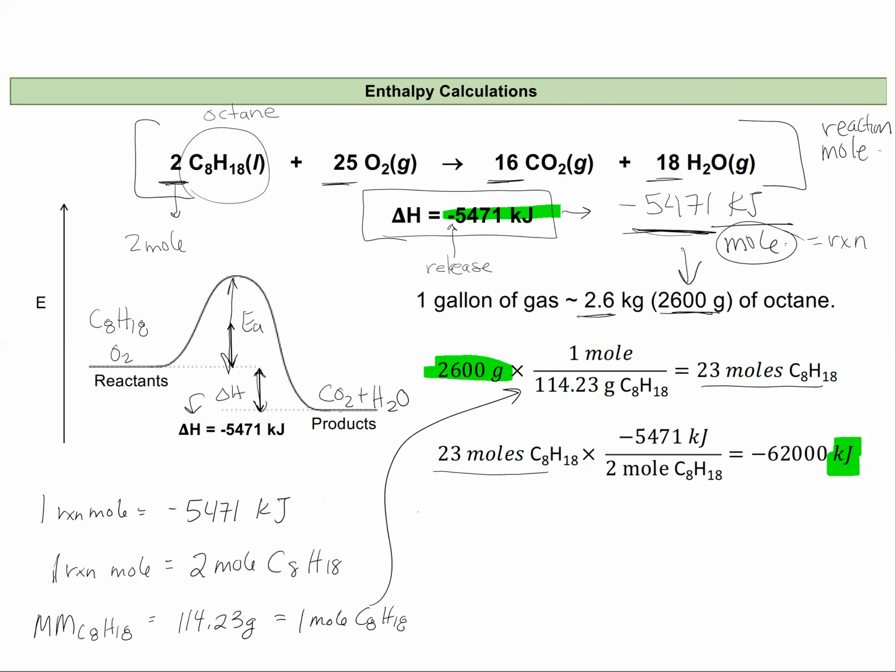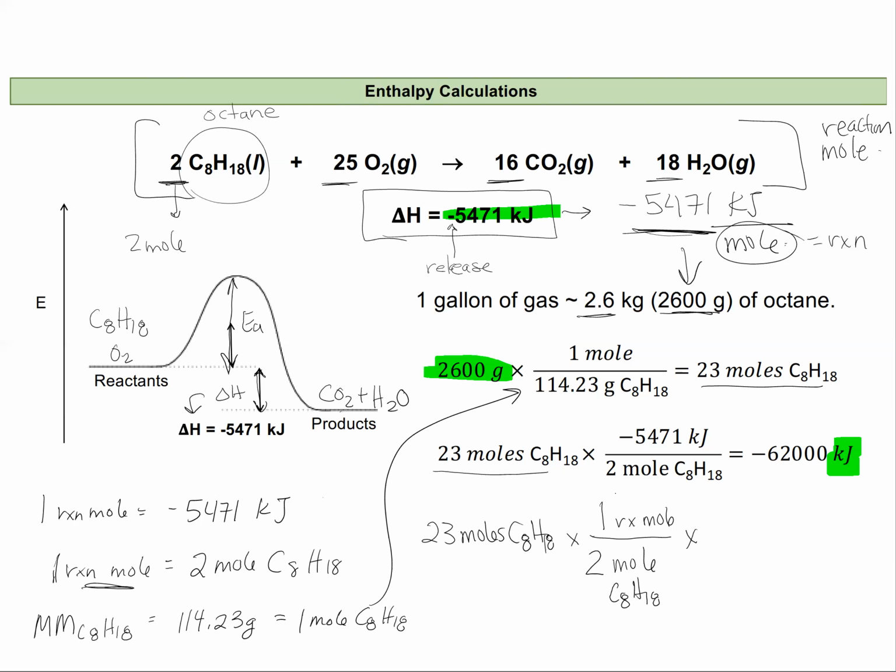So the 2 separate conversions would look like 23 moles of my octane as a starting point, times the number of moles. So if I'm in moles of octane, I want to be in reaction moles. So I'm going to go 1 reaction mole divided by 2 moles of my octane.